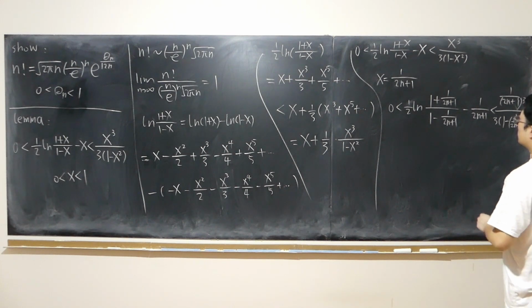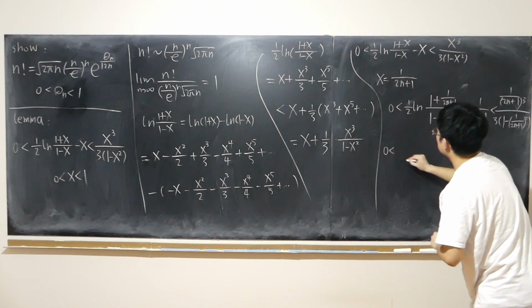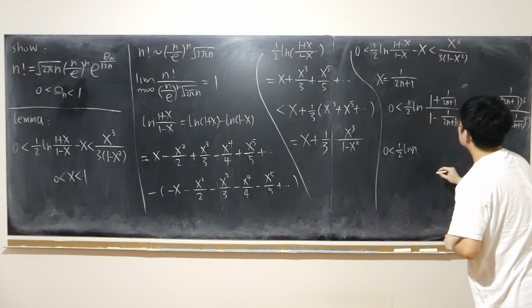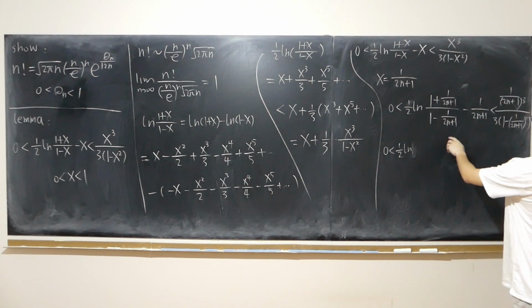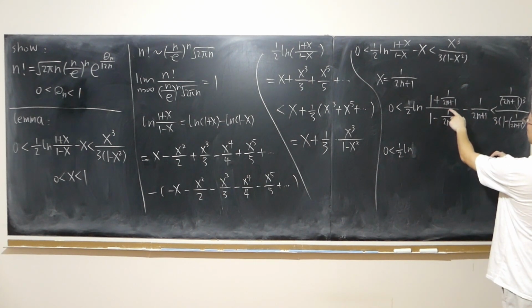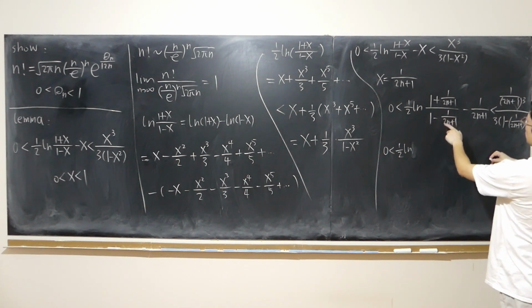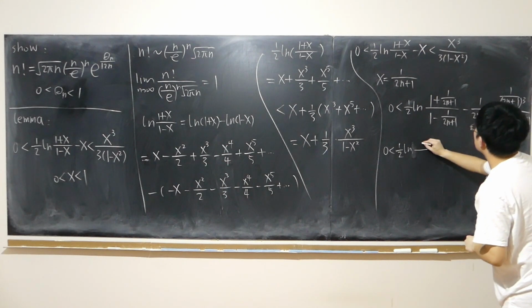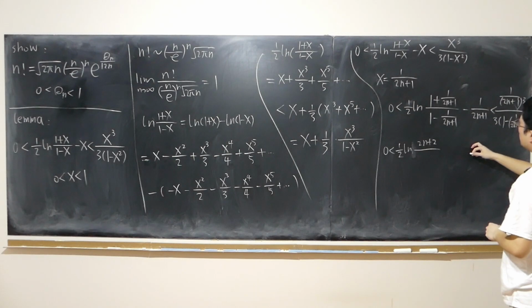Right? So this part, half of log of, right, common denominator, 2n plus 2, 2n plus 2. I think eventually we can have 2n plus 2 on the top, and 2n plus 1 will just cancel with the bottom.